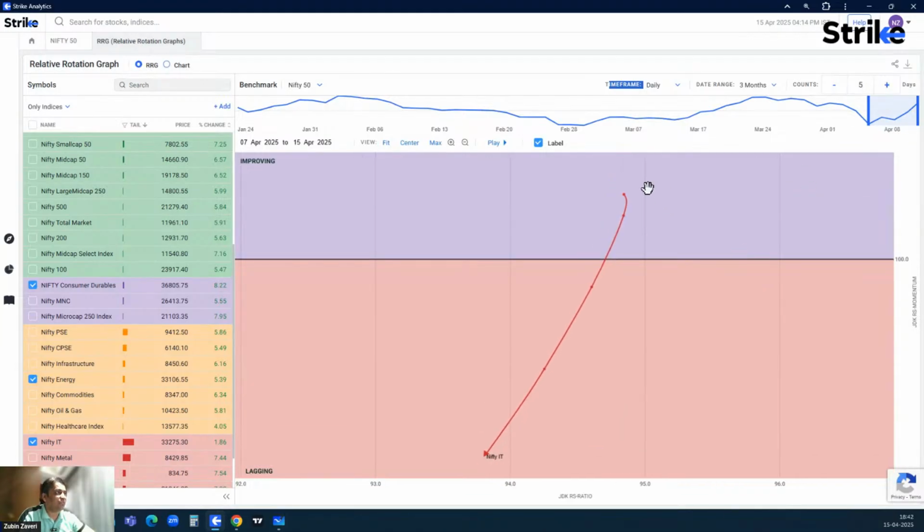So we have these five sessions over here. Over the last 5 sessions, IT momentum has decreased drastically. And Nifty IT has gone up by 1.86% today. But Nifty has gone up by around 2%, right? Let me look at the Nifty chart. Okay, over here itself.